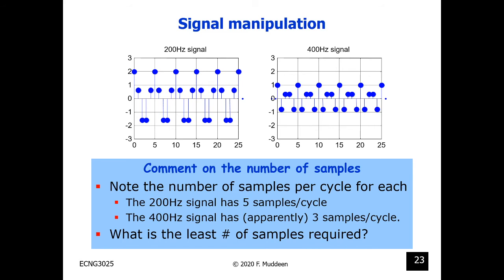If we know the signal is a sinusoid, we need about 4 samples, because we only need the maximum peak, the zero crossing, the minimum peak, and then another zero crossing, and then the signal repeats itself. So for any sinusoid, the least number of samples required is always going to be 4.